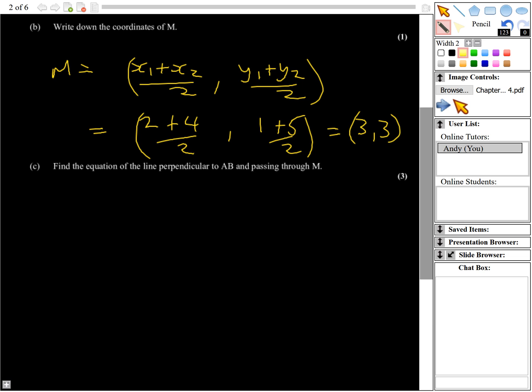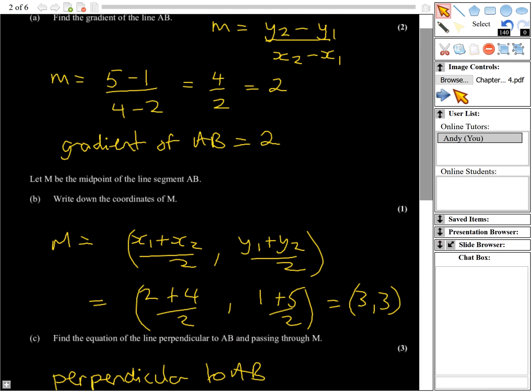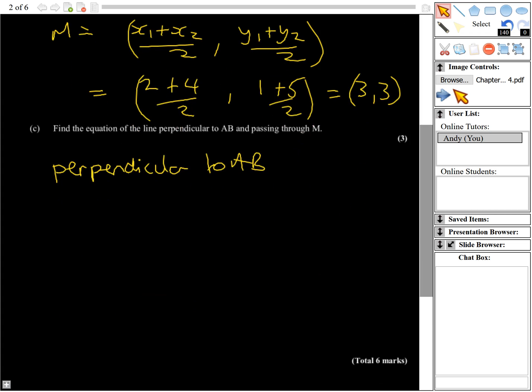Okay, next part c says find the equation of the line perpendicular to AB and passing through M. If it's perpendicular, then that means the gradient is going to be the negative reciprocal of the previous gradient. The gradient of AB was 2, so the gradient of the perpendicular line is going to be the negative reciprocal of 2.